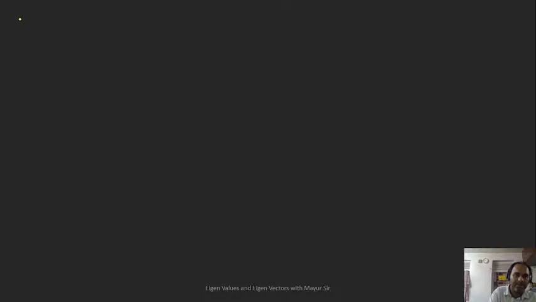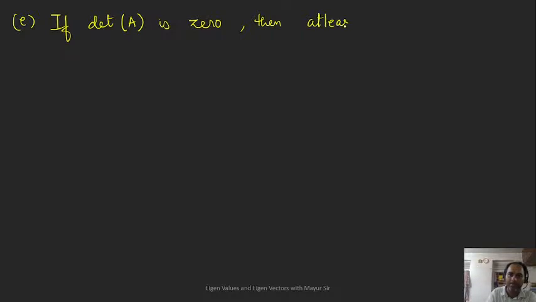The next thing is, if determinant of A is 0, then at least one eigenvalue is 0. This is very important. Okay, then another thing is there.